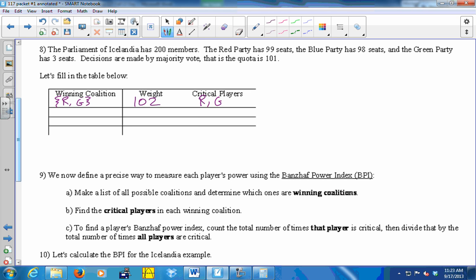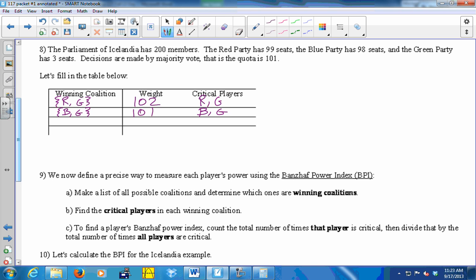All right, are there any other parties that can team up and have 101 votes? Blue and green, sure. Together they have 98 plus 3, which is 101 votes, just enough to pass a motion. Can either of them walk away from this partnership? No, so they're both critical.